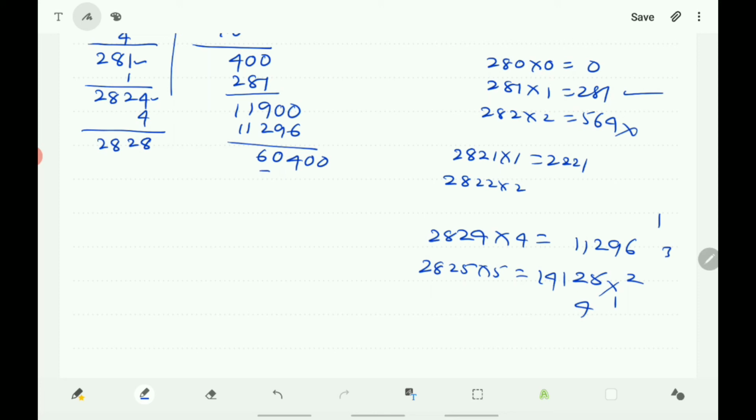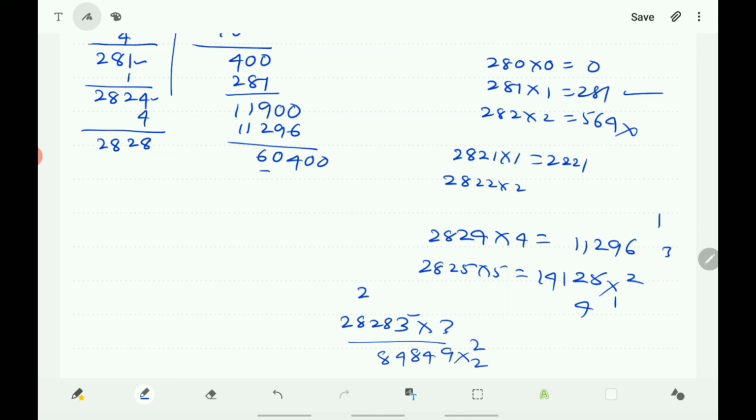So here it is 6 means if you put 2828 3 into 3, 3 3 is 9, 8 3 is 24, 3 2 is 6, 6 plus 2 8, 8 3 is 24, 3 2 it becomes this much, 84,849. It is more, so take less than 3.